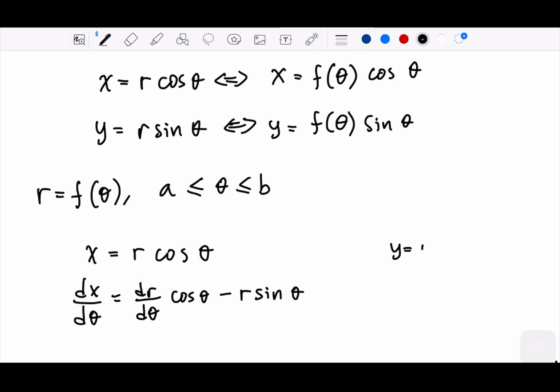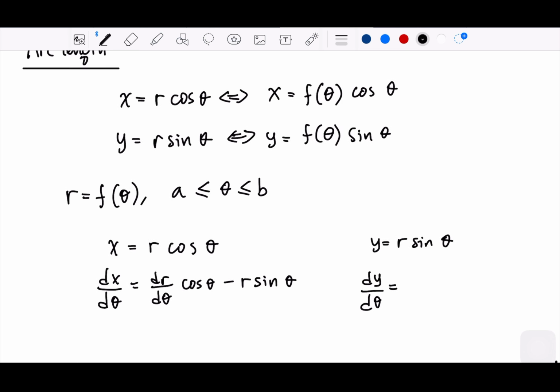And for y, taking another product rule, it becomes dr d theta sine theta plus r cosine theta.